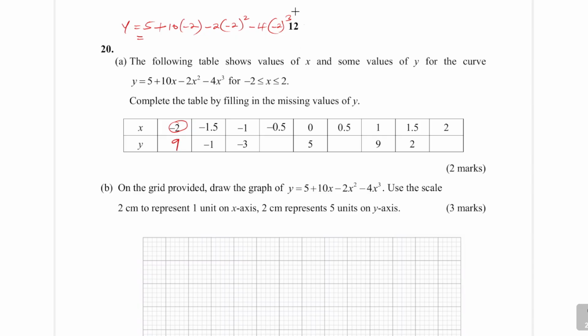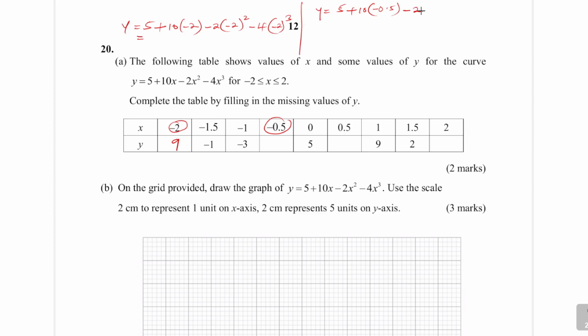The same thing applies when x is -0.5. So y is given by 5 plus 10 times -0.5, then subtract 2 times -0.5 squared, then minus 4 times -0.5 cubed. Substitute -0.5 wherever there is x in this function.